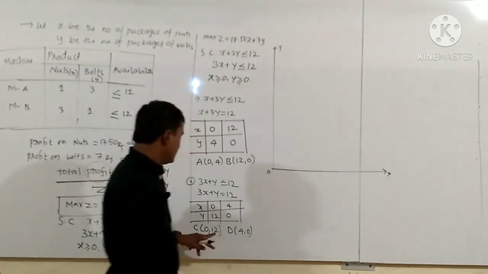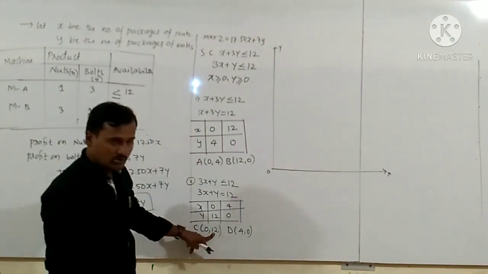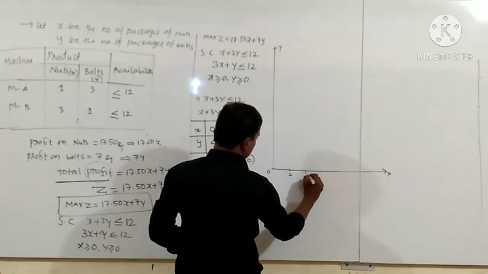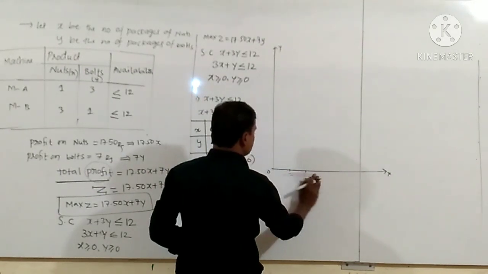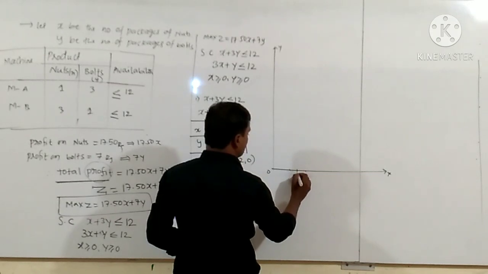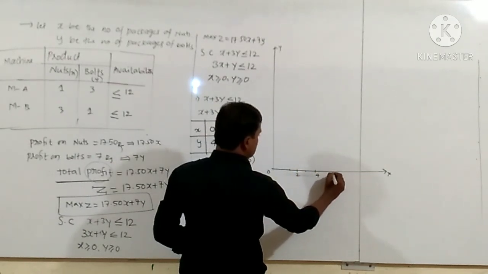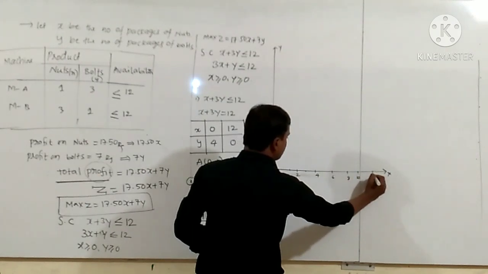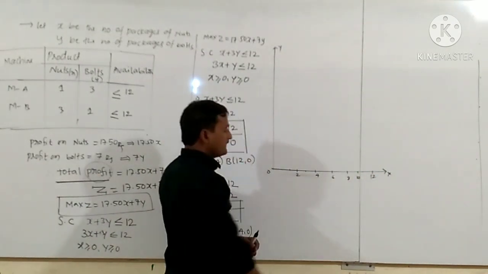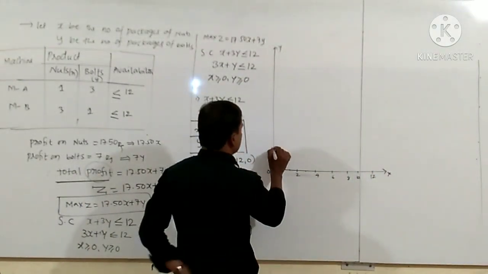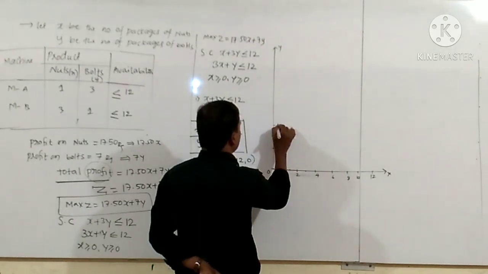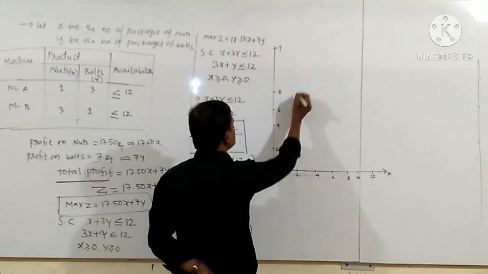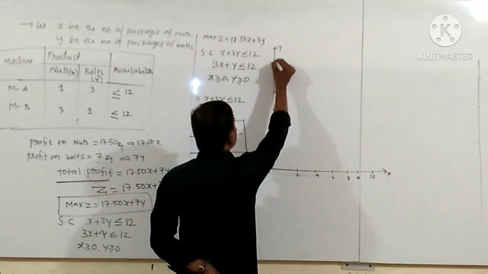On the x-axis we take 2, 4, 6, 8, 10, and here it is 12. On the y-axis also we take 2, 4, 6, 8, 10, and 12.